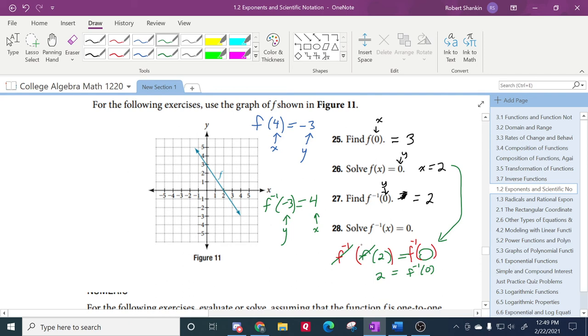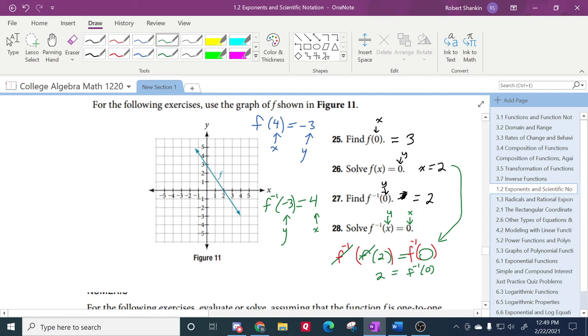Okay. And so the last thing is f inverse of x. Now, although it says an x, it's really a y value from this picture. And when solve this equals this, f inverse, these are x's and y's.